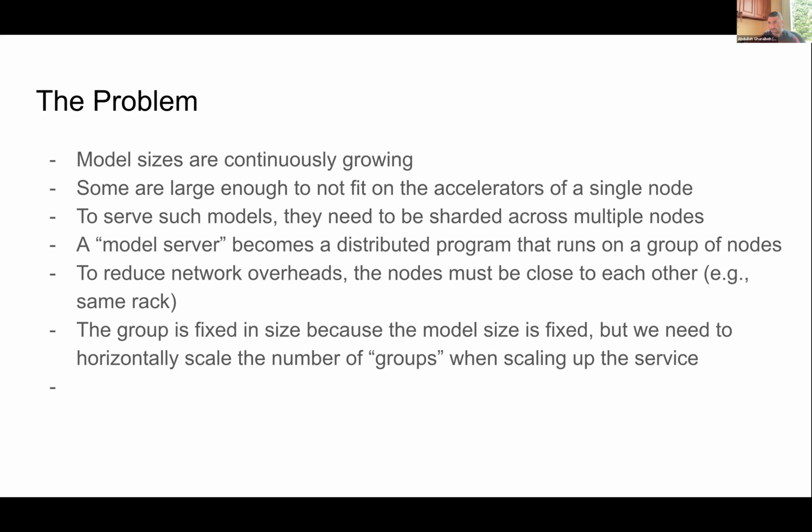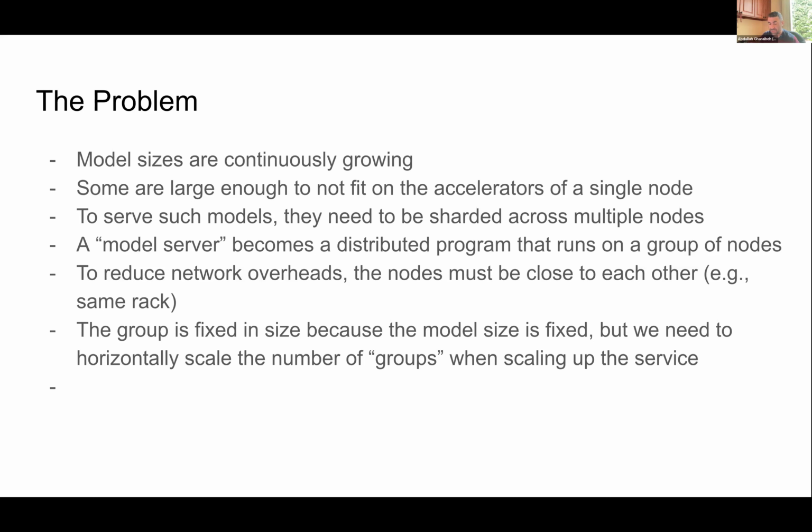Now, to reduce network overheads: within a single node, GPUs usually have NVLinks, and communication between the GPUs is not a significant deal. But once we go multi-node, the network overhead becomes a problem when doing sharding, which involves collective communication like all reduce.